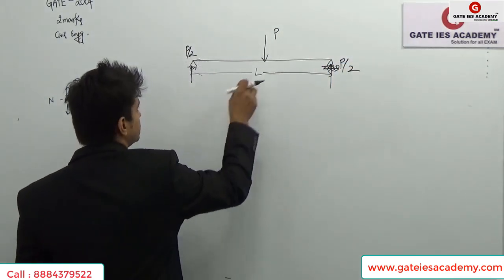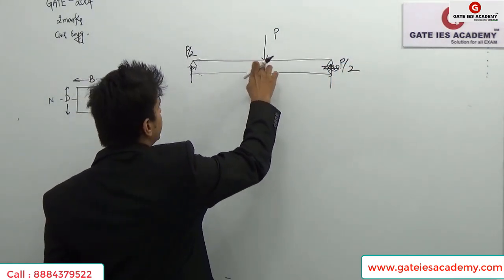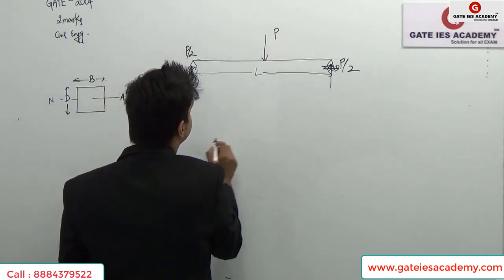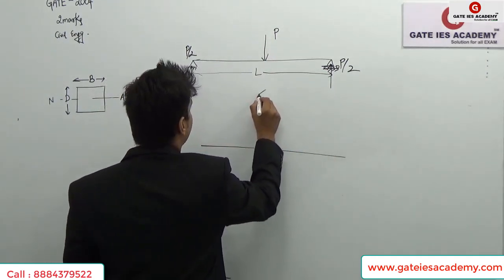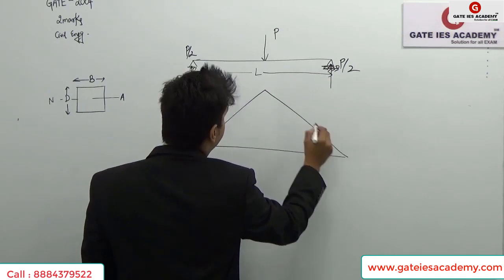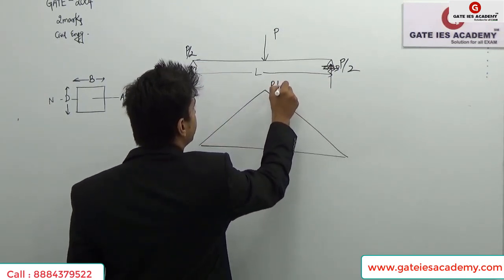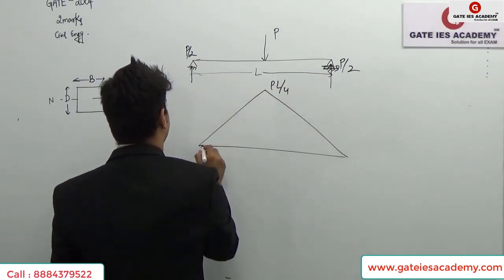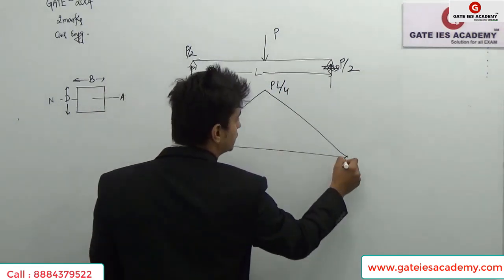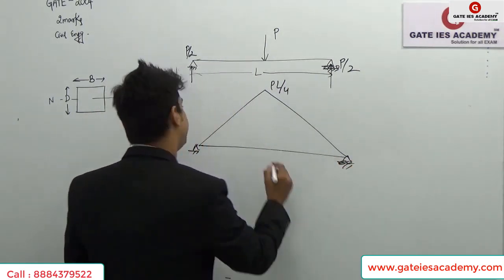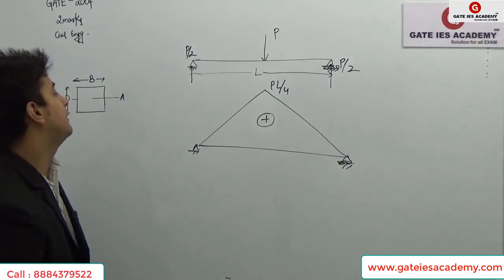So now, the bending moment will be maximum at the center, and will be P by 2 into L by 2, that is nothing but PL by 4. So we know very well that the maximum bending moment is PL by 4. These are the support reactions, and this is my BMD, this is positive, PL by 4.